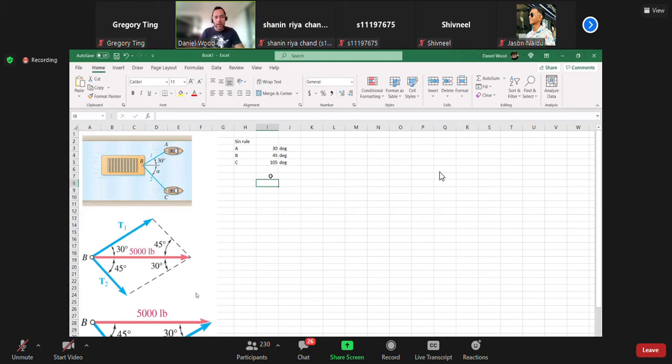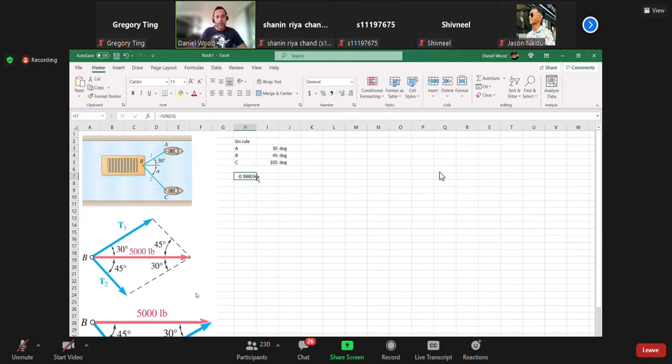In Excel, your sine, cosine, and trigonometric functions are all done in radians. So you can't just type in equals sine of 30 degrees, because you're not going to get the right answer. You know what the sine of 30 degrees is, right? The sine of 30 degrees is a half.